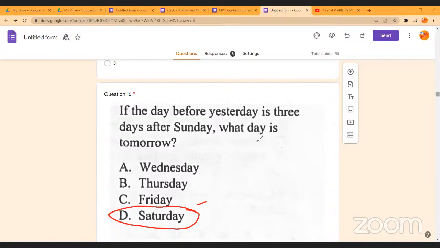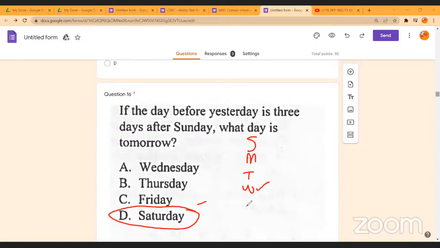So you have Sunday, and if it's 3 days after Sunday, as you say, it's gonna be Monday, Tuesday, Wednesday. Good job. So we're at Wednesday. Okay, so then yesterday would be Sunday, Monday, Tuesday, Wednesday, Thursday. Wait, not Thursday. Friday.